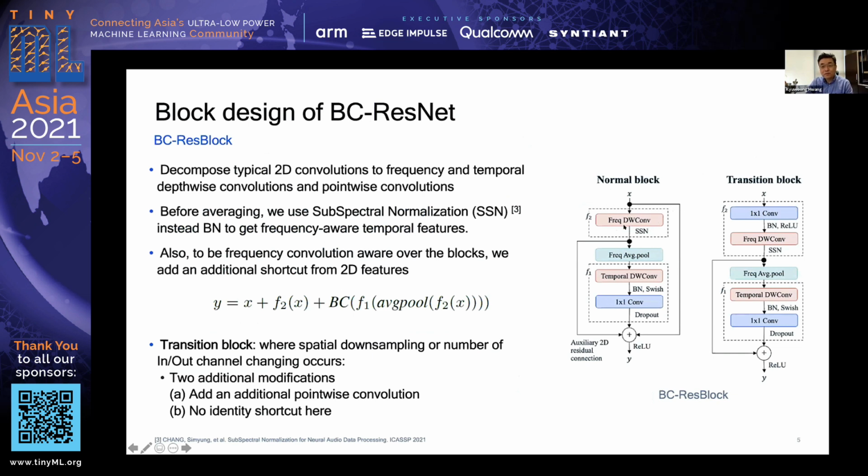In the first convolution, we do frequency depth-wise convolution, and here we also apply subspectral normalization. Subspectral normalization means that for some parts of the spectral groups, we do normalization, a kind of group normalization over the frequency axis.